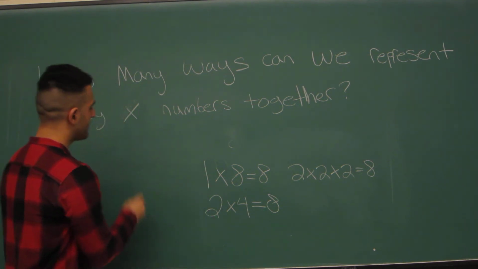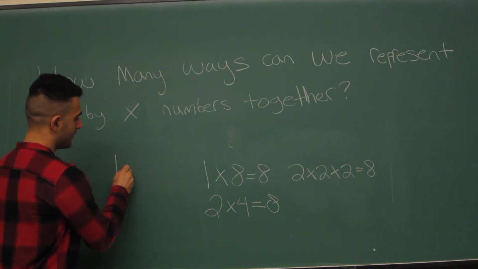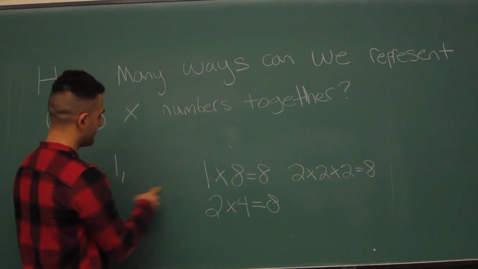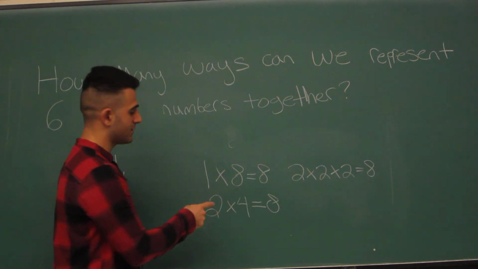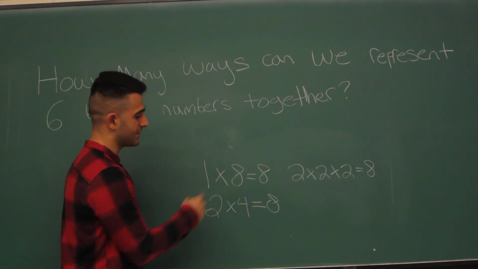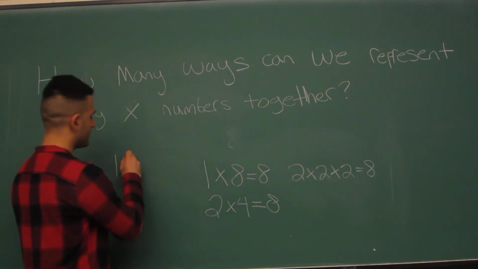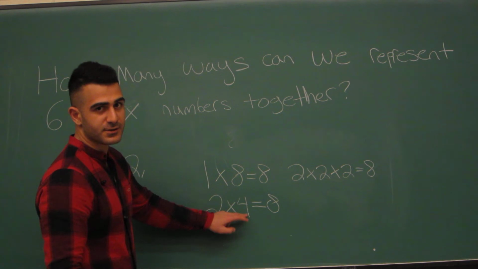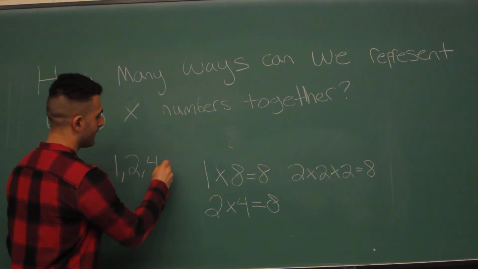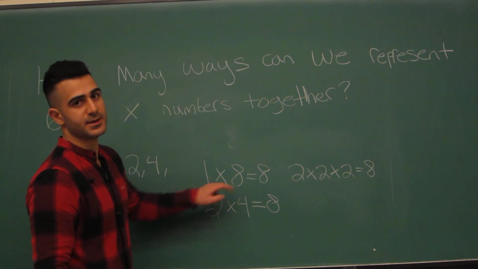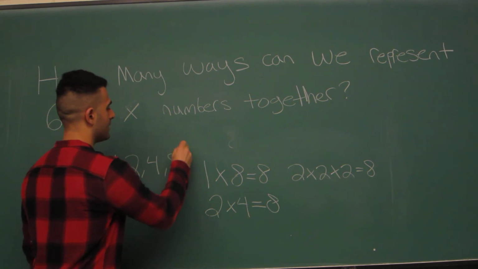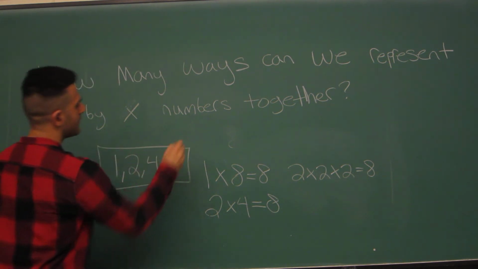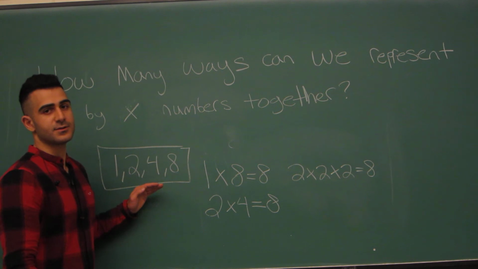So all the factors of 8 are 1, because we see 1 appear here, and we'll go sequentially, in ascending order. So the next largest number is 2. After that, we see 4 appears on the left-hand side, and finally 8 appears on the left-hand side. So these are the factors of 8.